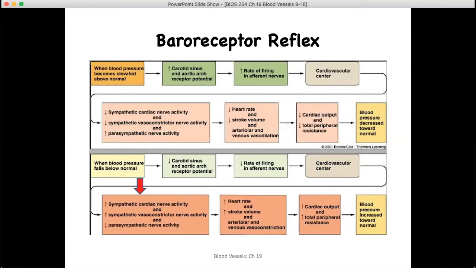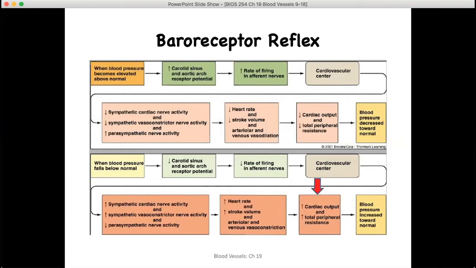As a result, your heart rate will go up, and in addition, your stroke volume will go up. Recall that increased sympathetic input to the myocardium is going to increase contractility, which is one of the factors that will influence stroke volume. Lastly, you're going to have vasoconstriction of your arteries and your veins.